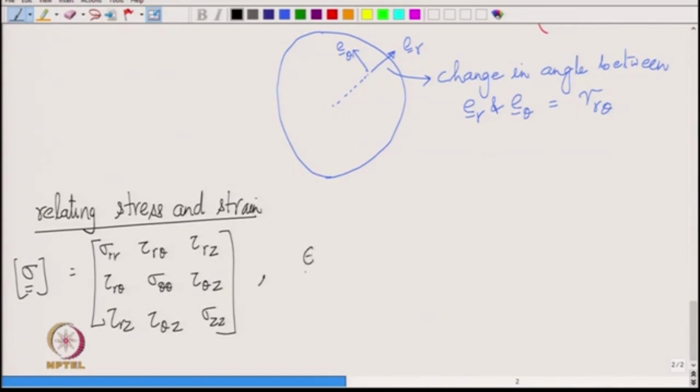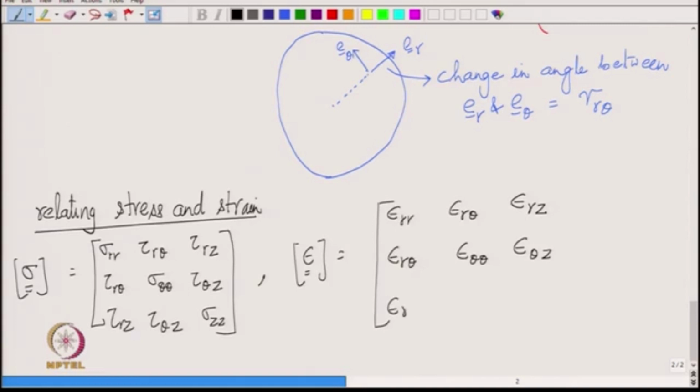Similarly, the strain matrix we also know now. So, this has epsilon r r, epsilon r theta, epsilon r z, epsilon r theta, epsilon theta theta, epsilon theta z, epsilon r z, epsilon theta z, and epsilon z z.